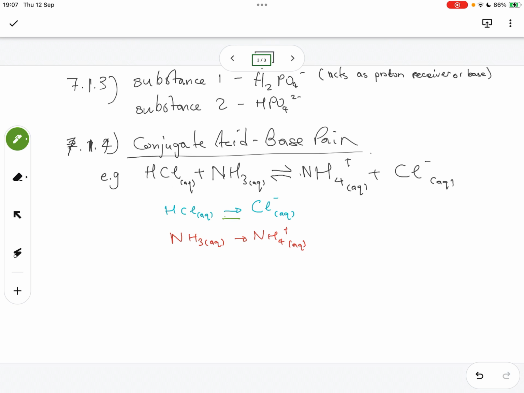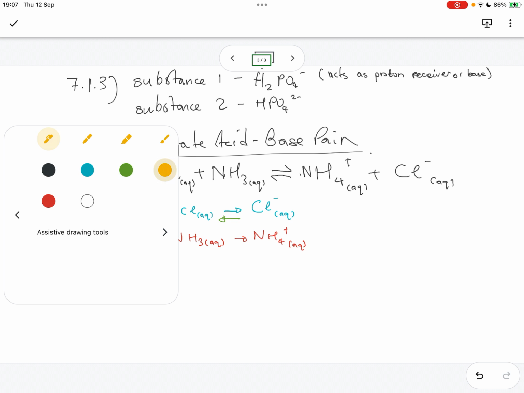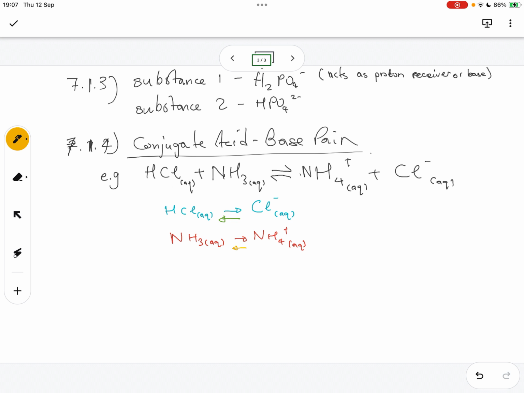Let me make this one green, and let me make this one yellow.